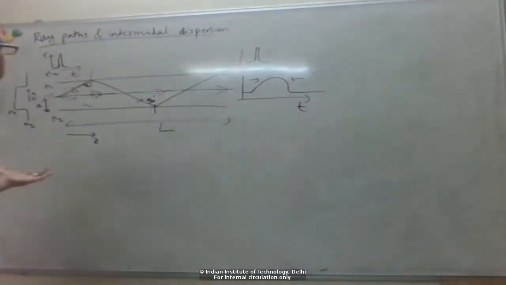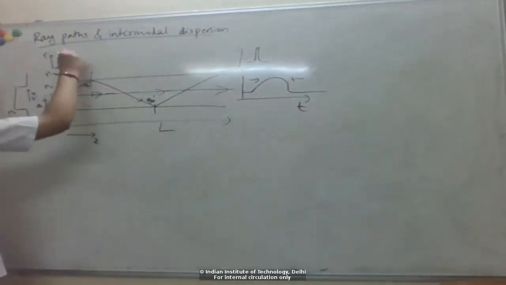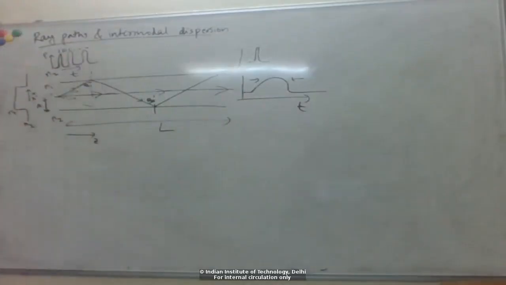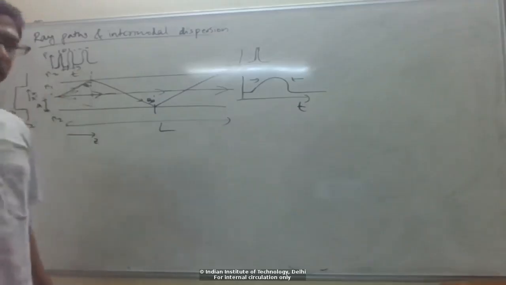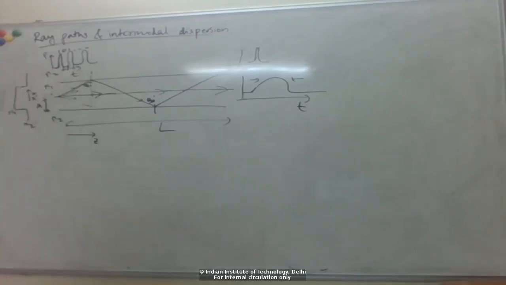You can imagine this is a problem for optical communication. If I'm doing digital transmission of data, with ones and zeros, and I want to communicate at high rates, then these bits are coming very fast. For example, if you're doing 10 gigabit per second, each pulse repeats after 0.1 nanoseconds or 100 picoseconds.